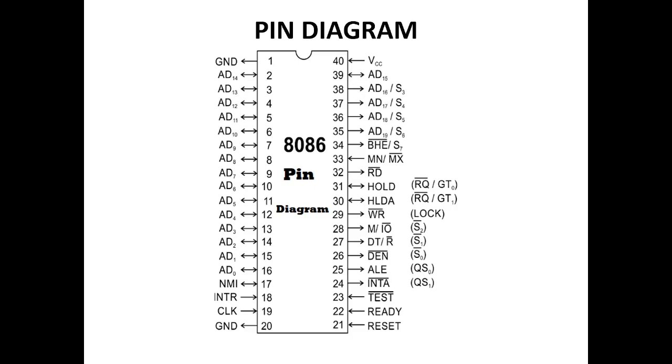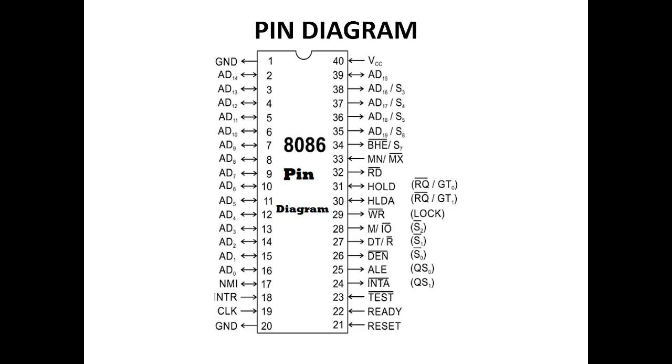And then power supply and ground supply; there are 40 pins in total. We can divide the minimum mode and maximum mode of operation by using pin 33. When MN/MX bar is equal to 0, it's the maximum mode of operation. Equal to 1 means it's the minimum mode of operation.